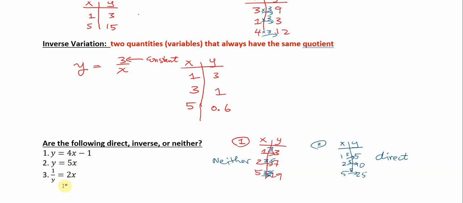In number 3, is this a direct, inverse or neither? Well, in this case, you can see that it's going to be an inverse case. So I can just do a little bit of algebra with this. If I have 1 over y equals 2x, I can multiply both sides by y. I get 1 equals 2xy.